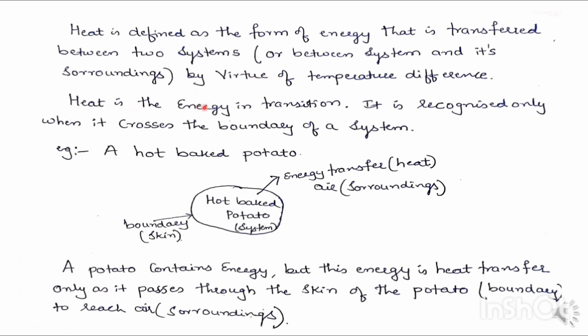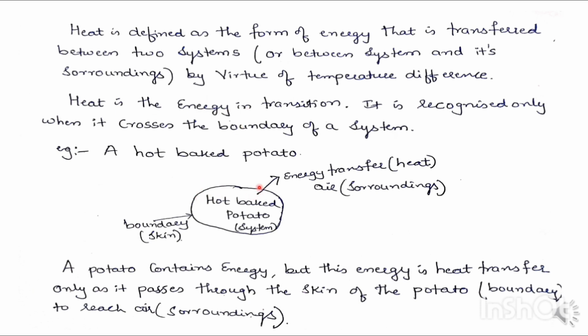Heat is the energy in transition. It is recognized only when it crosses the boundary of a system. Only then will we say that energy is crossing the boundary of a system. That means heat is the energy in transition, which is flowing.